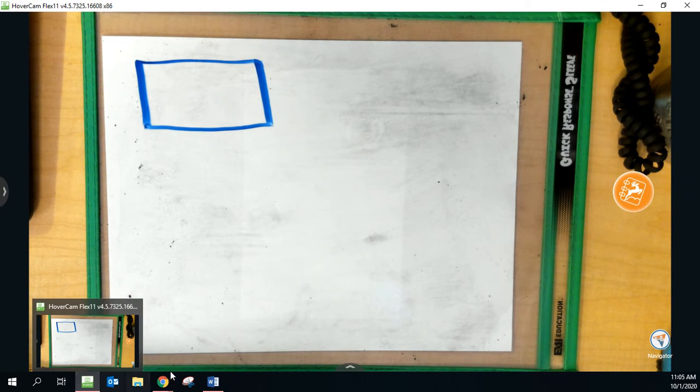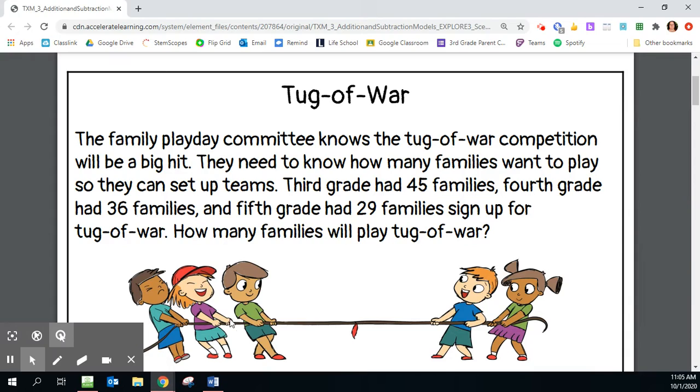Don't make it huge because you're going to need room. Now, how many grade levels are we looking at? Thank you for raising your hands. Talk loudly. Bella. We're looking at third grade, fourth grade, and fifth grade.